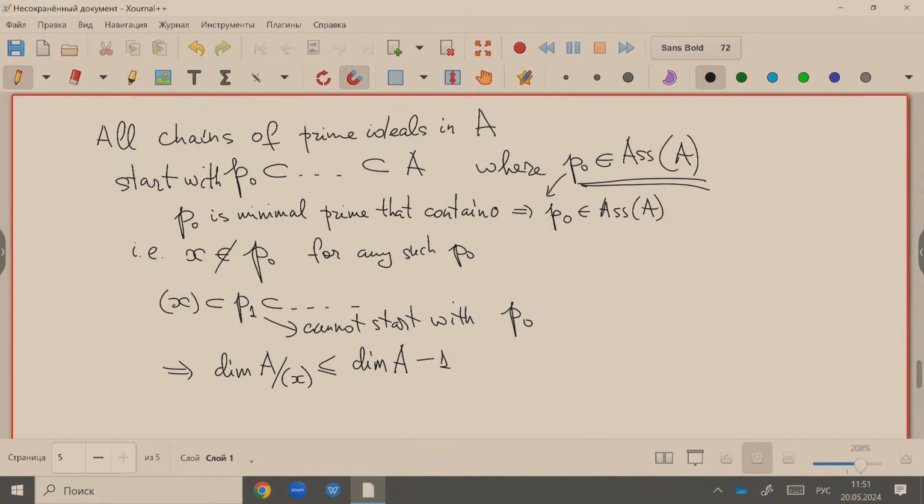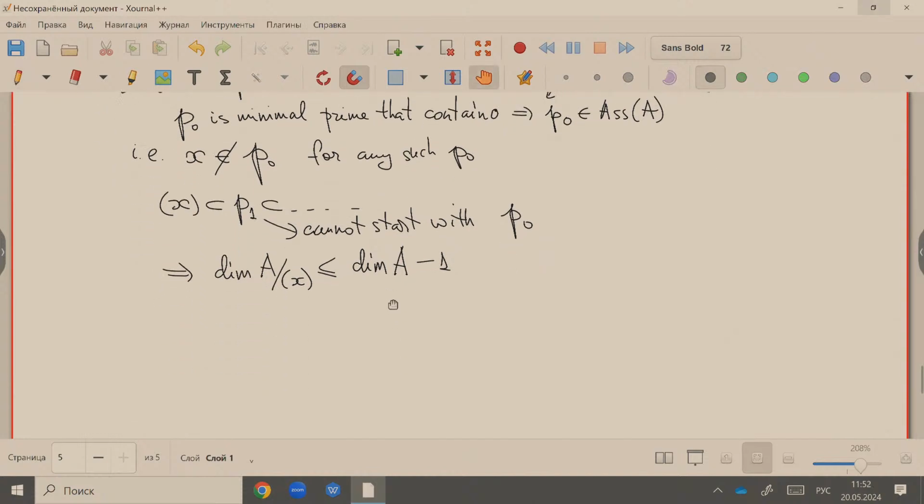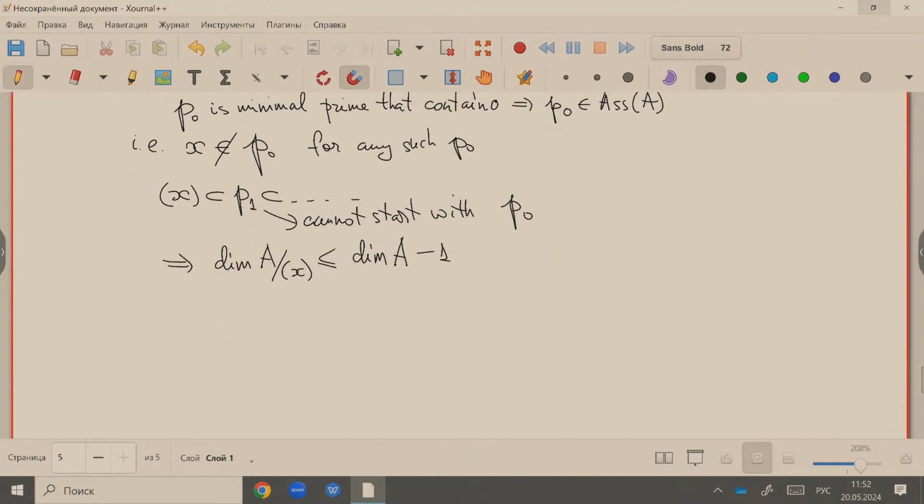And now let us notice that we have proved the following: after this operation, the dimension of A is decreased by at least 1, so the dimension of A tilde is less than or equal to the dimension of A minus 1. Let us look at what happens with M modulo M square.